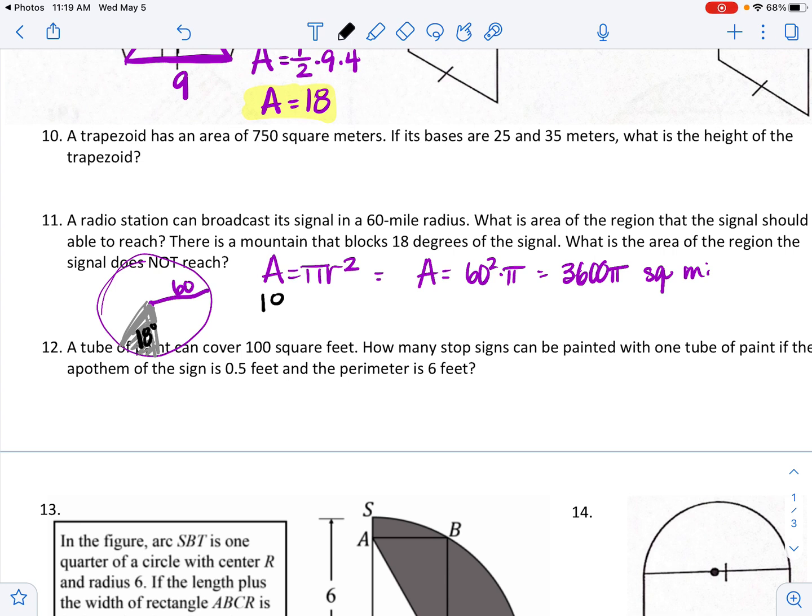So 18 degrees, that's the part over the whole. And we know that the whole is 3,600 pi. This is going to be the part that the signal does not reach. Pretty simple, right?